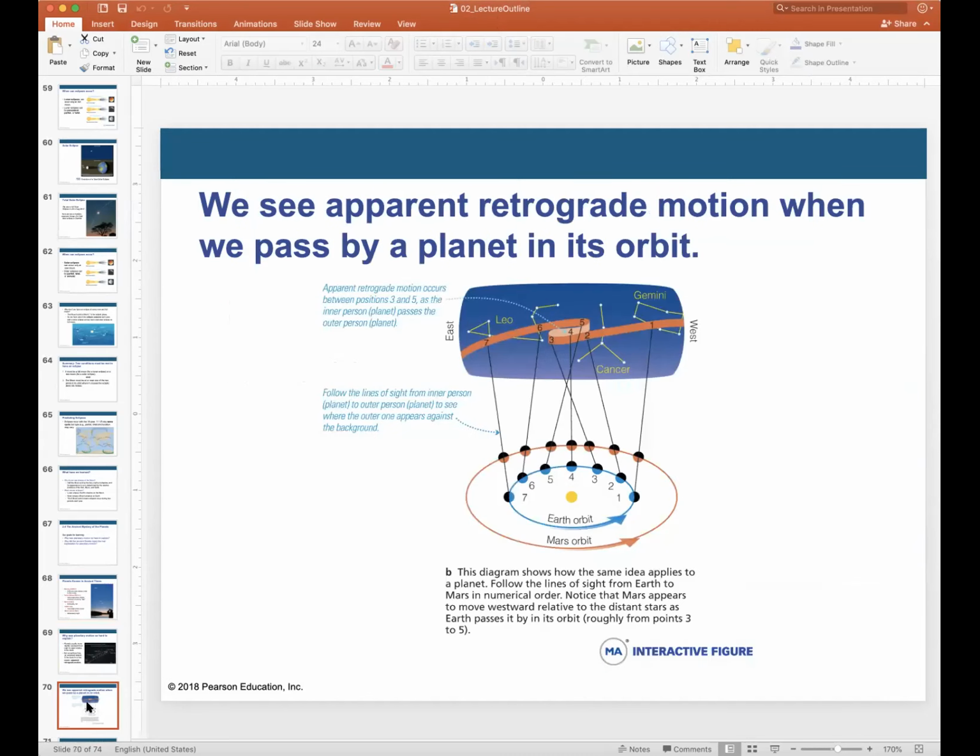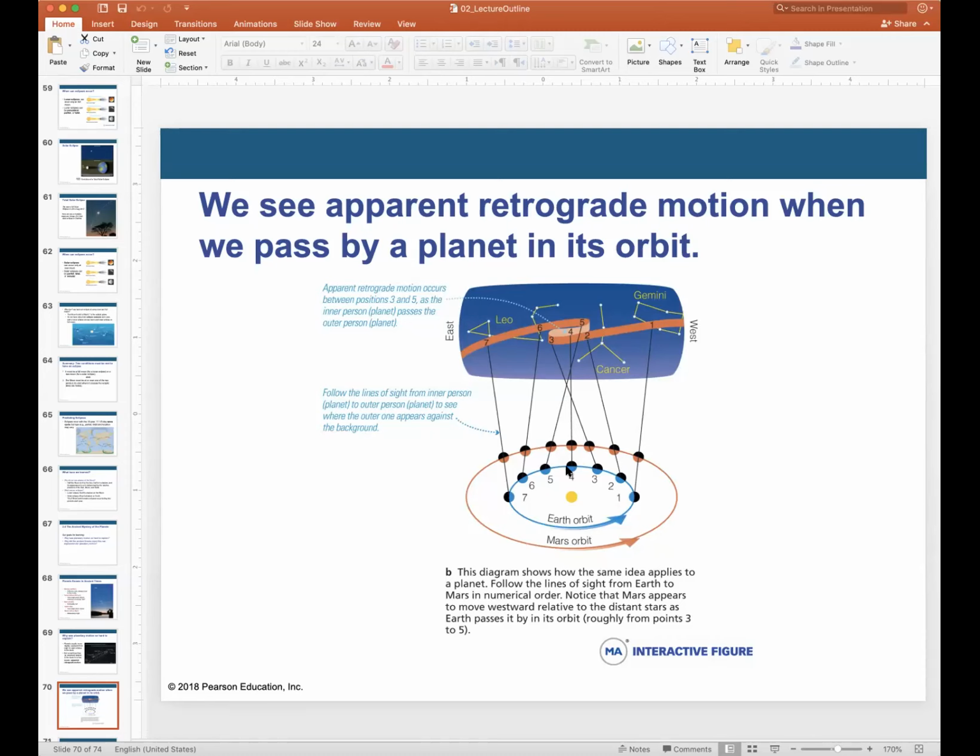Okay? So we see apparent retrograde motion when we pass by a planet in its orbit. In other words, if this is Earth's orbit and this is Mars's orbit, on point 1 we see Mars right here in Gemini. On point 2 we see Mars here. On point 3 we see Mars at point 3.